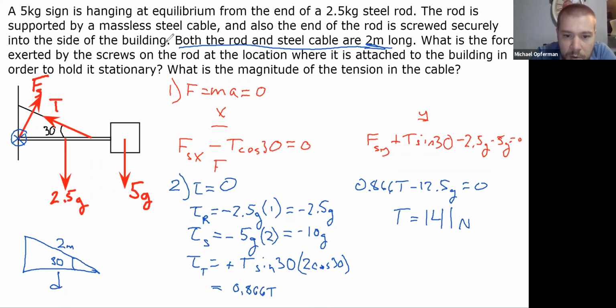So the x component of the screw force is going to be T times cosine 30. So 141 times cosine 30, which is 123. And FSY is 7.5 G minus T sine of 30.